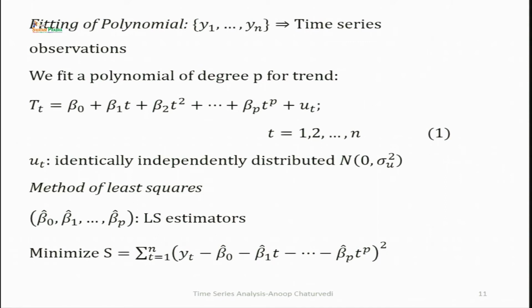Now, a generalization of a straight line is fitting of a polynomial. So, y1, y2, up to y n is your observed time series, and we fit a polynomial of degree p for trend. So, your y t is represented by a polynomial of degree p plus u t.